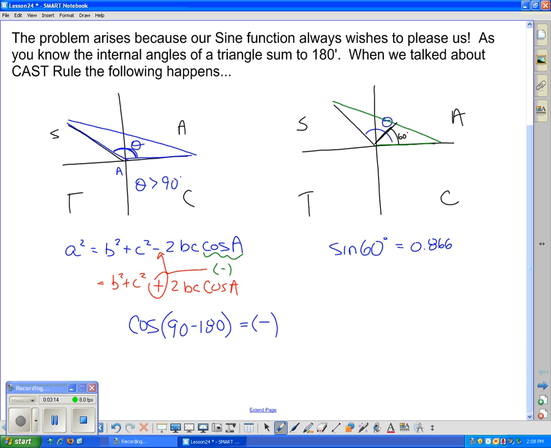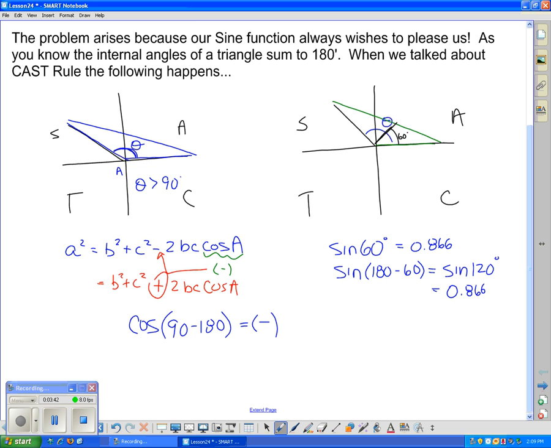What happens if I do the sine of 180 minus 60? That would be the theta up here now, because if I did 180, I backed up 60, that's what theta would be. So I'd be calculating the sine of 120 degrees. If your calculator's handy, sine of 120 is also equal to 0.866.